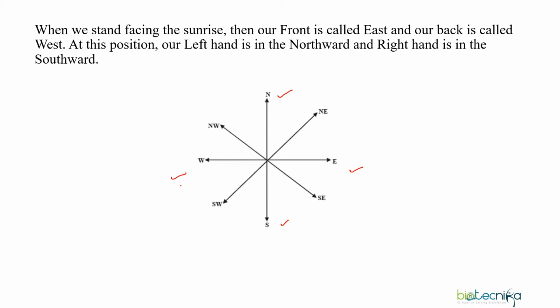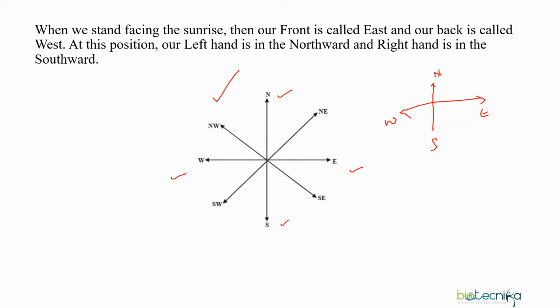In order to solve the distance and direction question, you only have to keep the four directions in mind: north, south, east and west. Then the rest of the questions you will be easily able to solve.